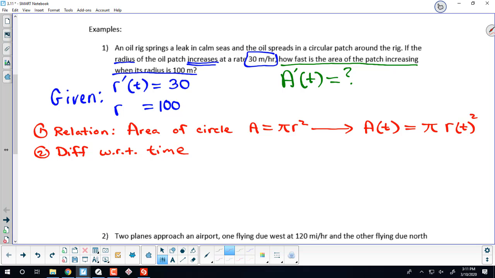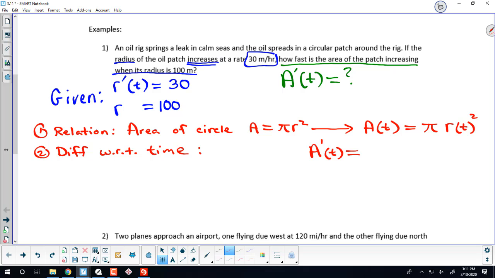The derivative of the area function is A prime. So we have A prime of t is equal to, what's the derivative of pi times r of t squared? 2 pi times r of t times r prime.